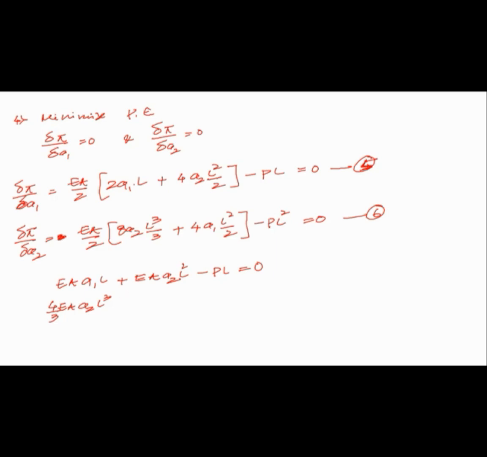Similarly, when I take this EA by 2 inside the bracket, this 2 and this 4, that 4 will get cancelled. Therefore, it is plus EA A2 L square minus P into L square equated to 0. So I simplified and obtained these two equations. Now I need to solve these two as simultaneous equations.